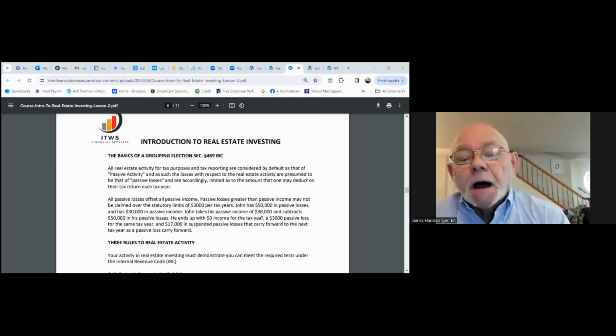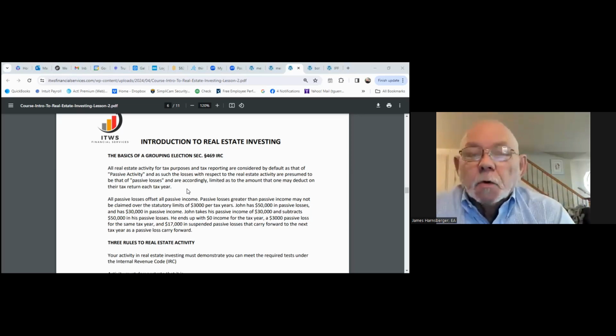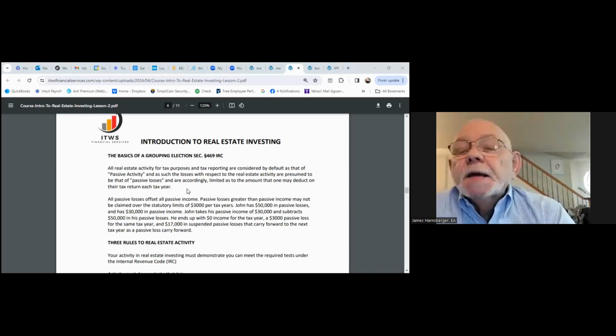Let's talk about a grouping election, what we call the 469 election, and why it is important, because there are some basic rules when you're investing in real estate that are going to decide, based on your activity, whether your activity is passive for tax purposes or whether it is active, ordinary and active.